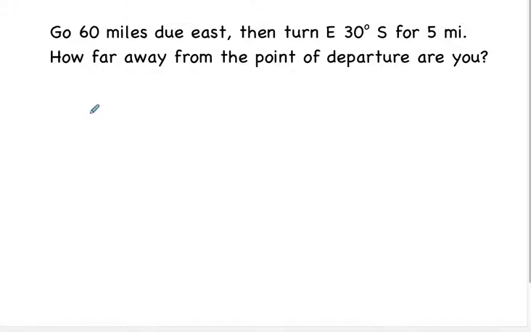So we're going to go 60 miles due east. And then we're going to turn east 30 degrees south. Okay, so from the east, we're going to bend 30 degrees towards the south.